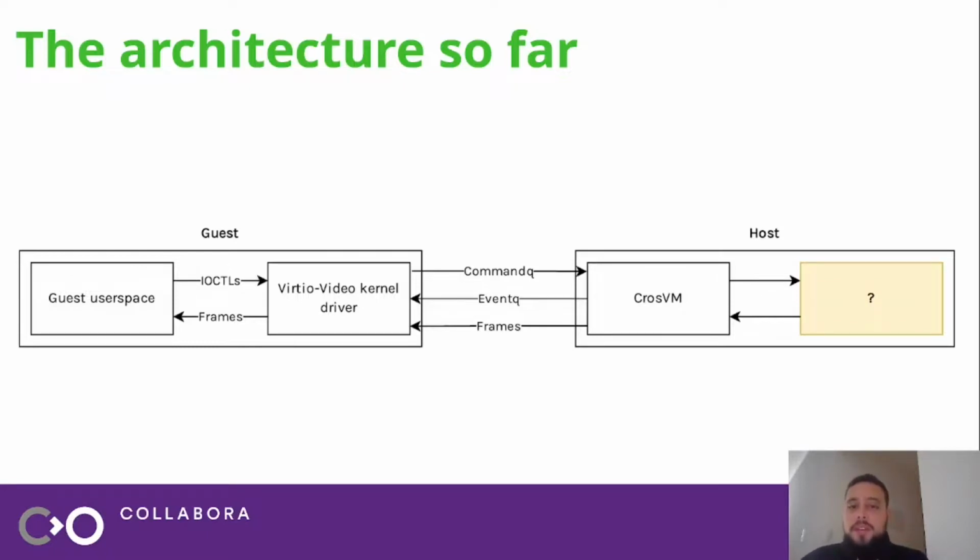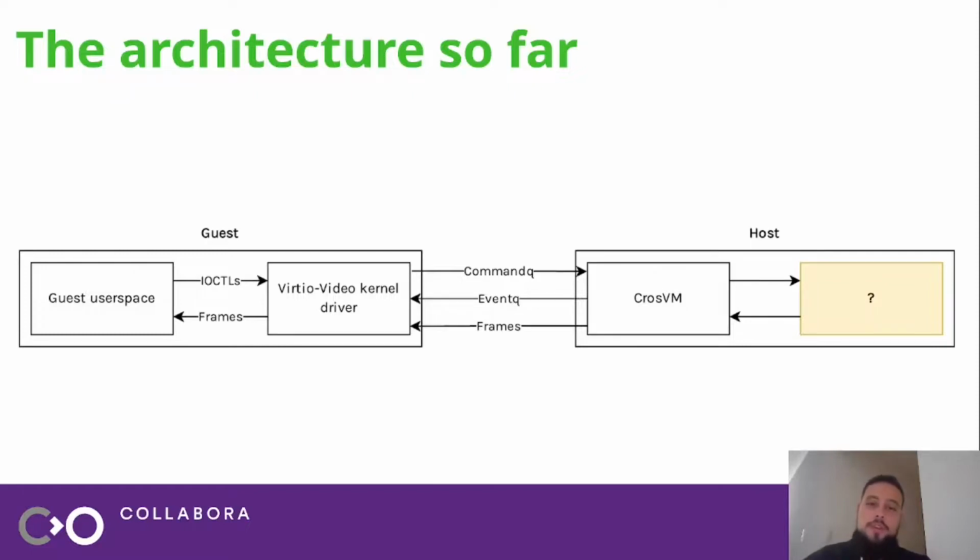It's going to be placing these commands into a command queue, and then the hypervisor, and in this particular case we're talking about Crosvm, so Crosvm will be dequeuing these commands. It will be processing these commands by virtue of talking with this question mark component, which we're going to dive into in a few, and then it's going to be placing the results of these commands back on the command queue, where the Virtio video kernel driver will be able to retrieve them.